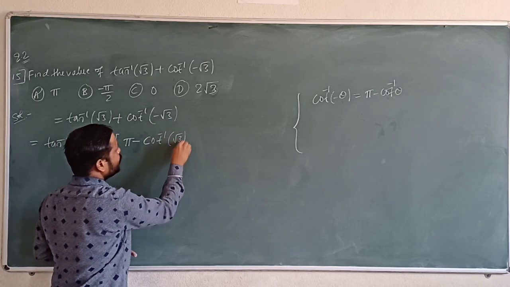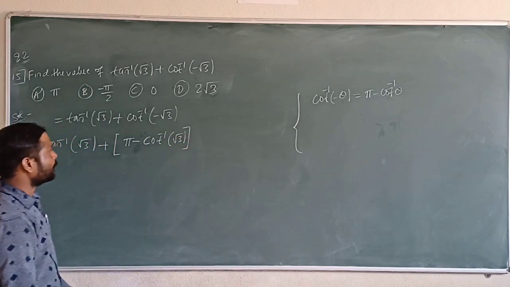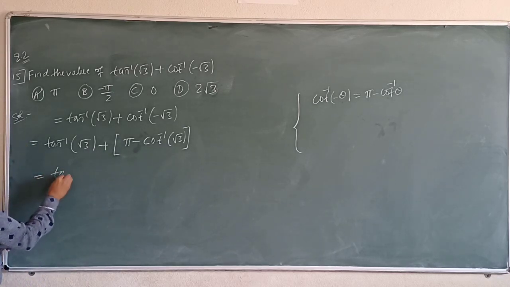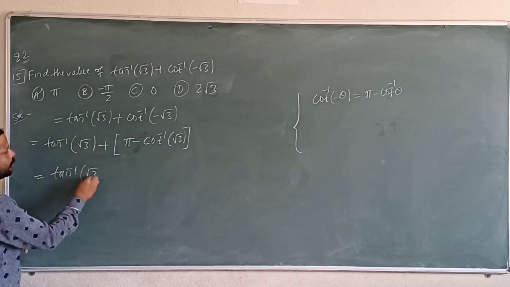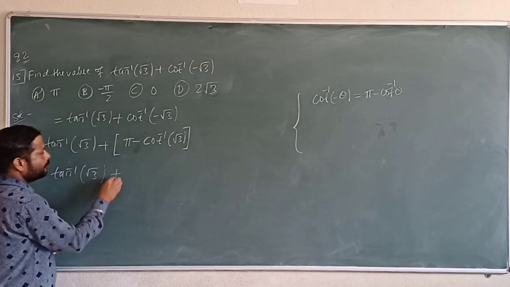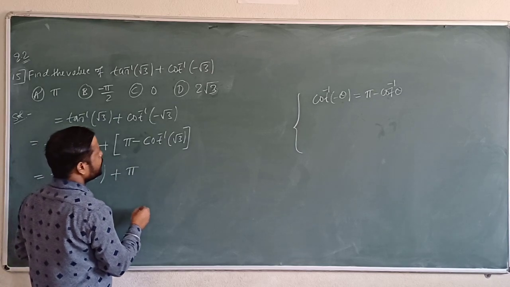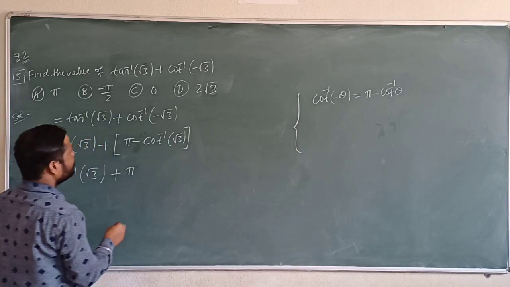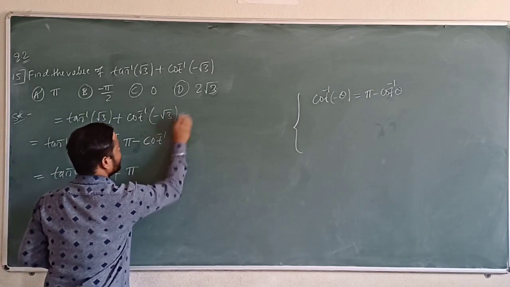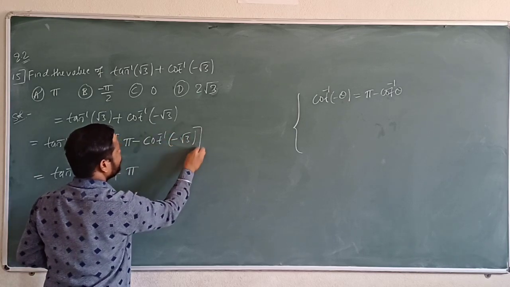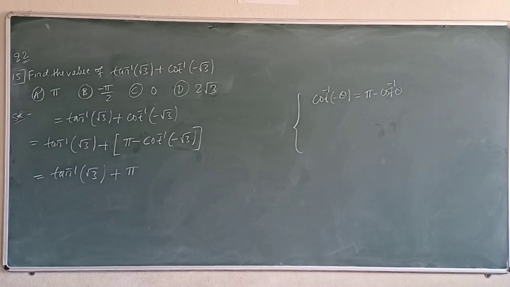So tan inverse of root 3 plus pi as it is, and then the minus root 3 part. There is no problem here.